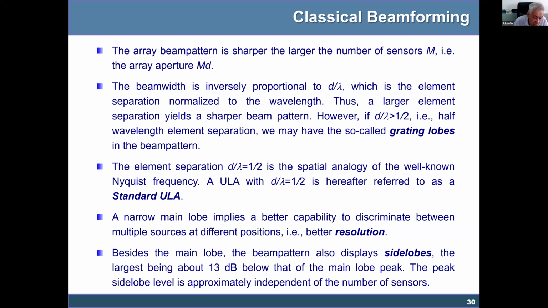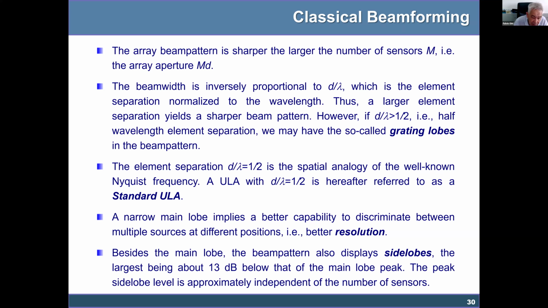So the resolution depends on the width of the main lobe, and we have understood that it depends on the geometry of the array, but roughly speaking, it depends on the aperture of the array. It's inversely proportional to the aperture. The larger the aperture, the better the resolution. But also the presence of side lobes is important.